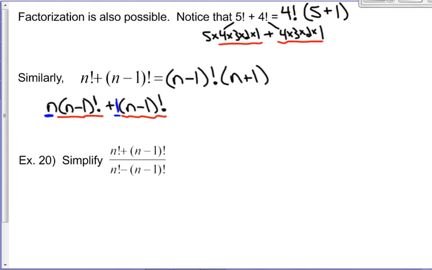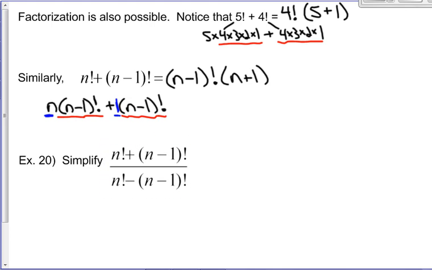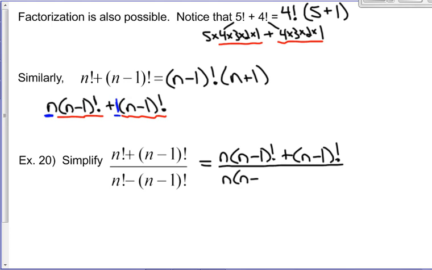Similarly, we can do some nifty simplification. If I have n factorial plus n minus 1 factorial on top, that's literally the factorization we just did, but I'll show the method again. That means the top looks like this. The bottom is similar. It's got n factorial, which is n times n minus 1 factorial, minus n minus 1 factorial.